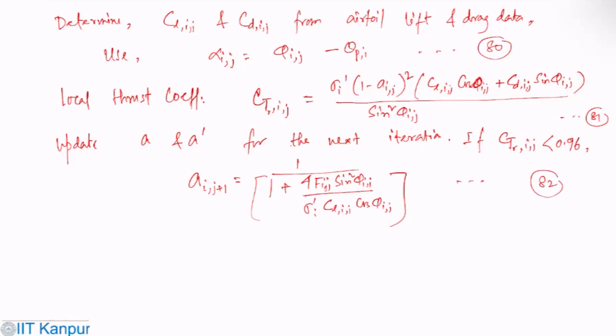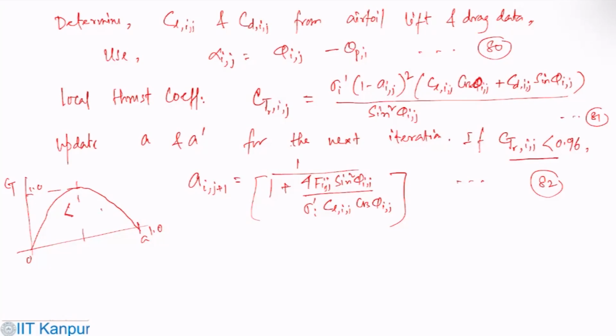So it depends on the local thrust coefficient. If it is less than 0.96, that means it is in that area of the curve, because CT versus a varies like this. So this is 1, this is 1. It is this side where windmill operation, and this is the turbulent side.